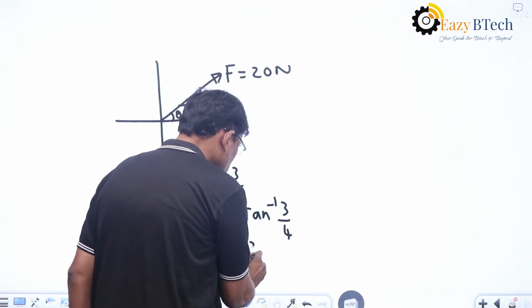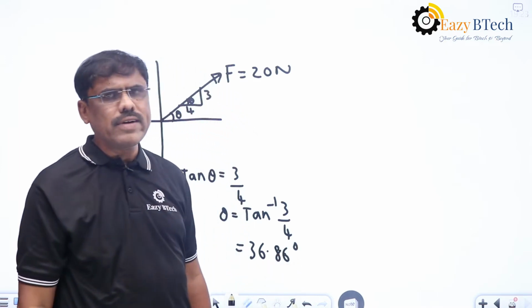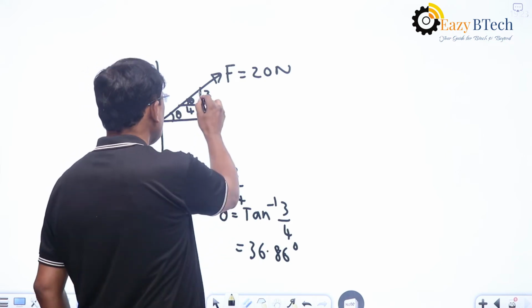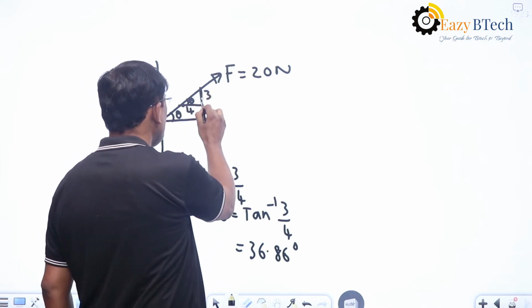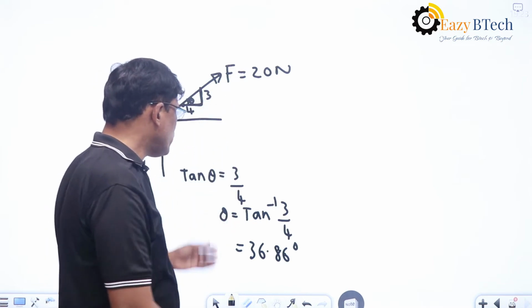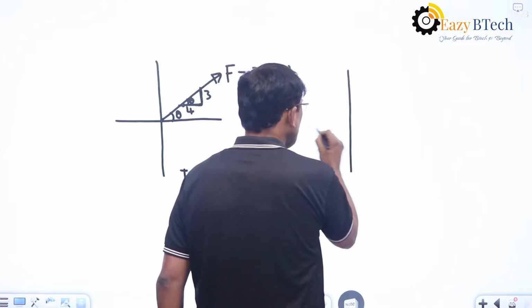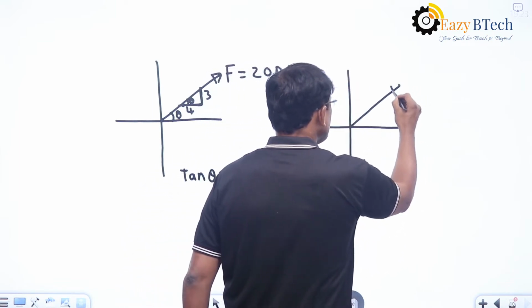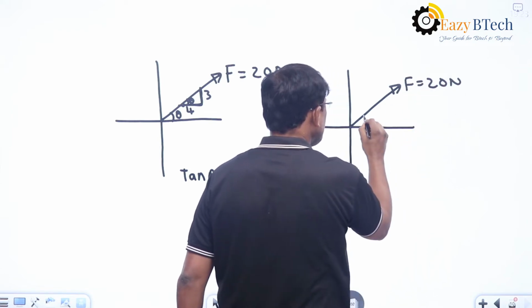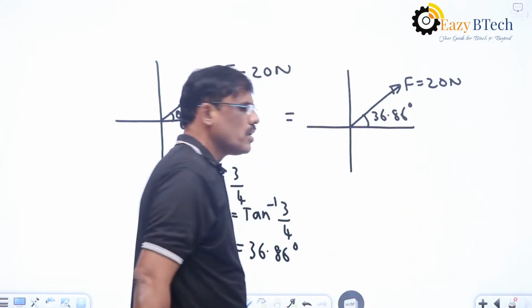So this becomes 36.86 degrees. Whenever a slope of a particular force is given here, we know from trigonometry basics, tan theta is equal to 3 by 4, theta is 36.86. So this force F is equal to 20 newtons, and this angle is now 36.86 degrees.